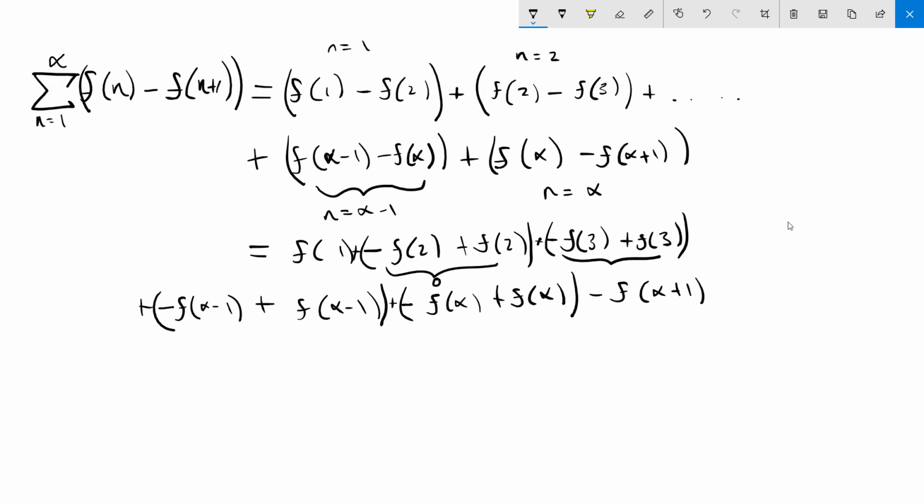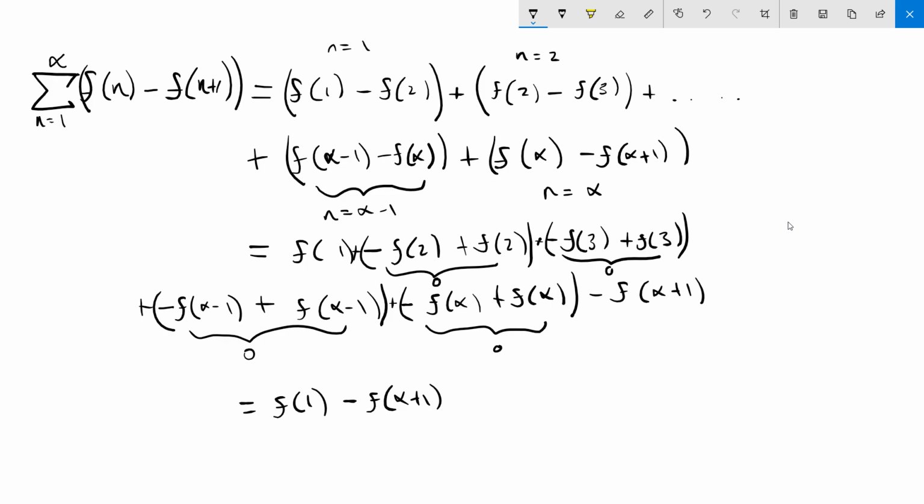F of 3 minus f of 3 is 0. F of 2 minus f of 2 is 0. F of alpha minus 1 minus f of alpha minus 1 is 0. F of alpha minus f of alpha is 0. So all these inner terms cancel out, and we're left with just f of 1 minus f of alpha plus 1.